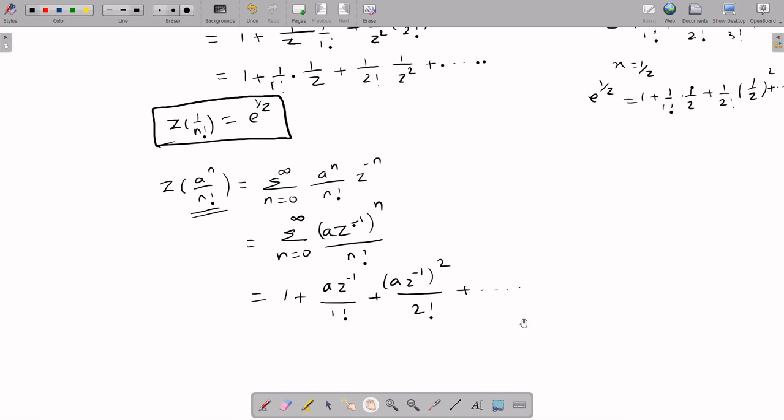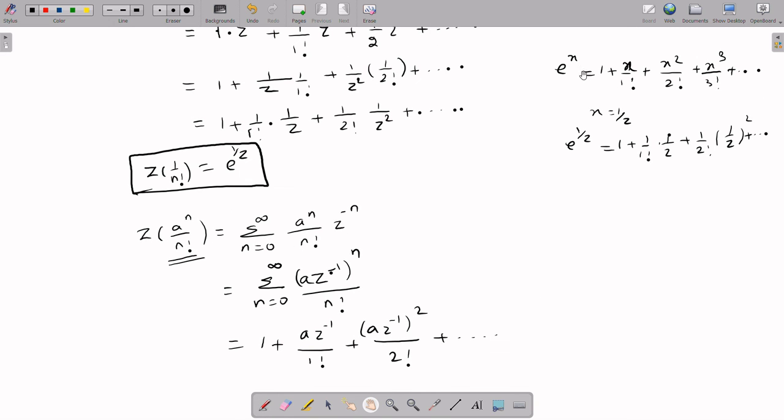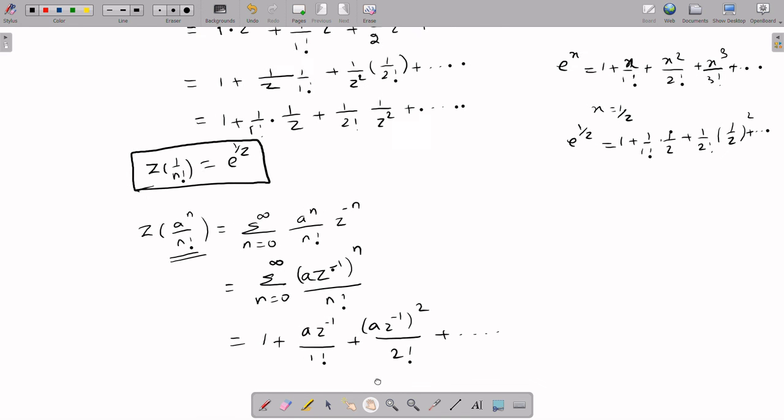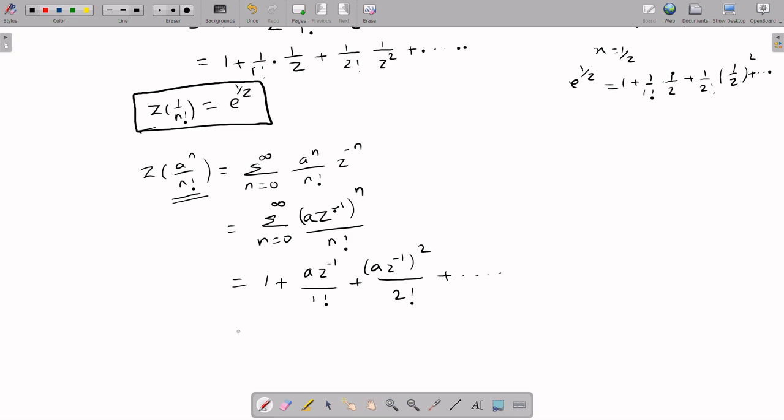In the place of x you have a Z power minus 1. So this is equal to e power a Z power minus 1, or you can write it as e power a by Z. So Z transform of a power n by n factorial is equal to e power a by Z.